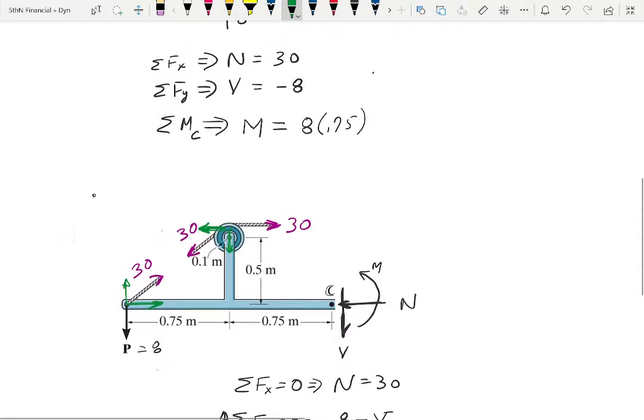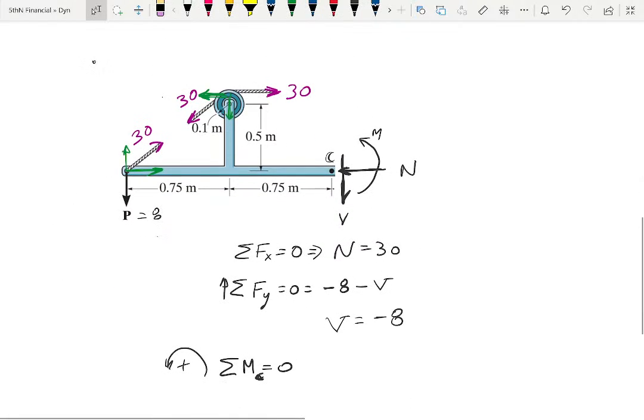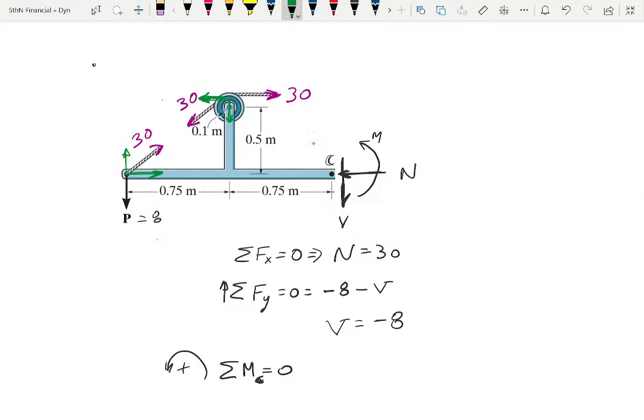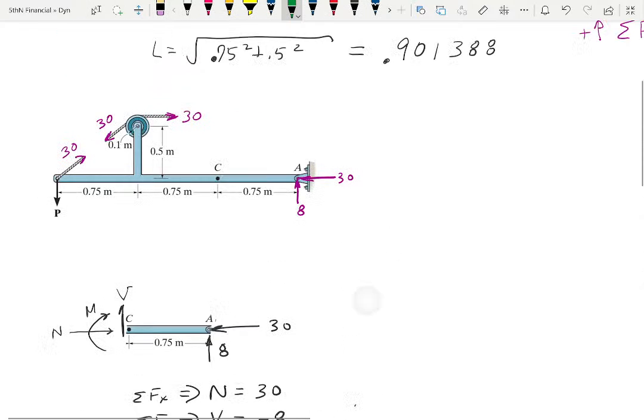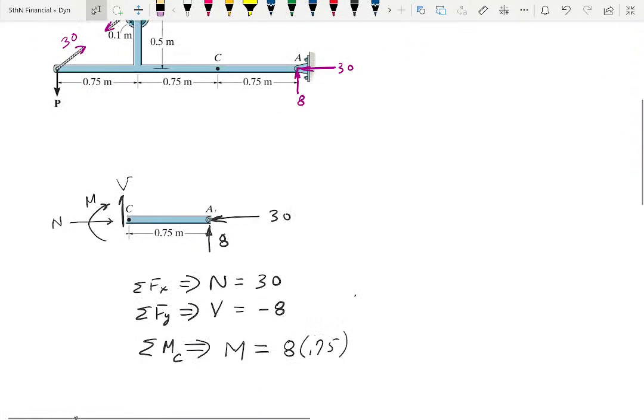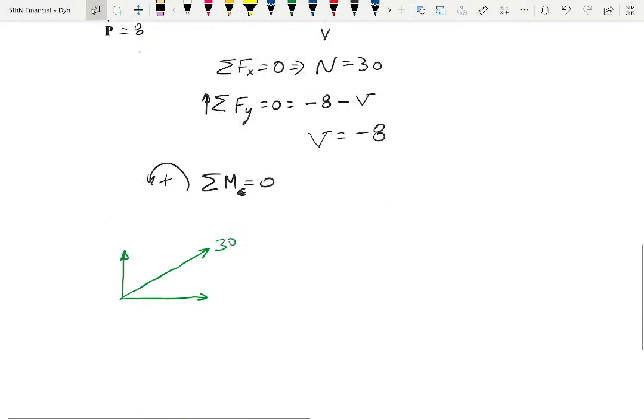Now, let's look at one of these, namely the bottom left one. I've got a 30 this way, and a question mark that way and a question mark that way. But I have a triangle. 30 is going to be larger than these other numbers.